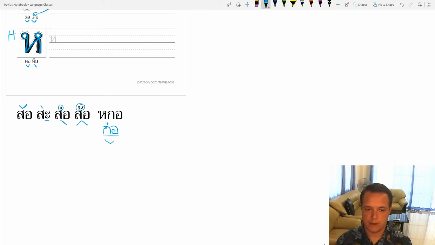But something you'll find that's more common is haw heap used as a tone conductor. So when it's placed before a consonant like gawkai, it becomes silent, not pronounced, but it changes the tone. So this becomes gaw, a rising tone.